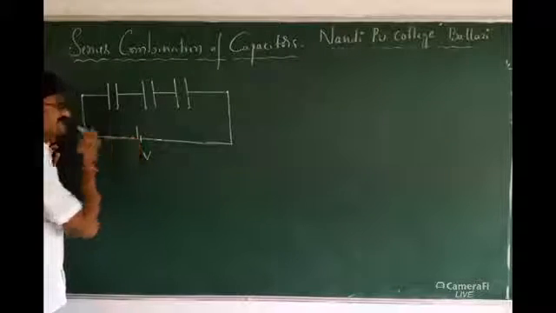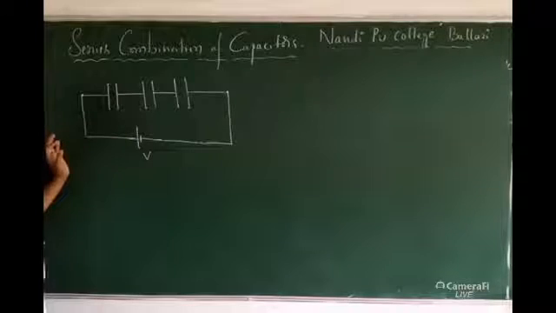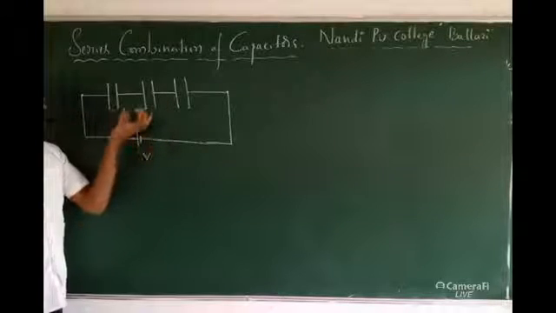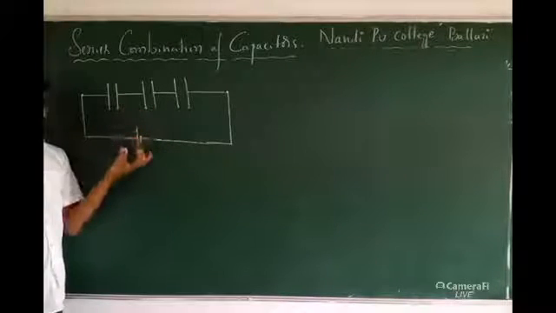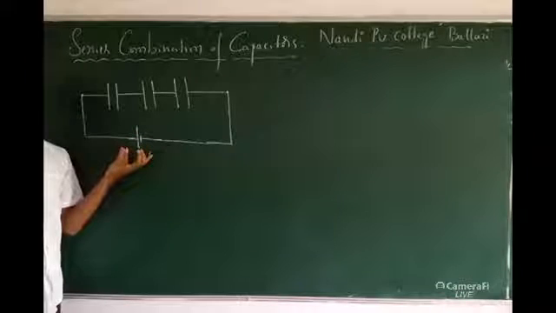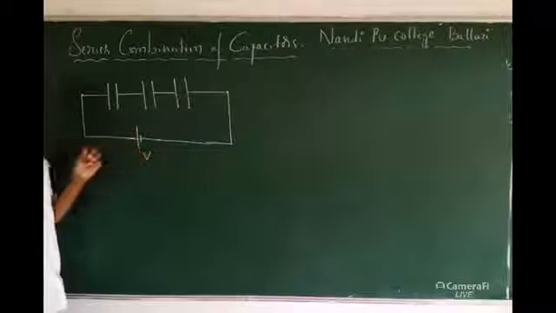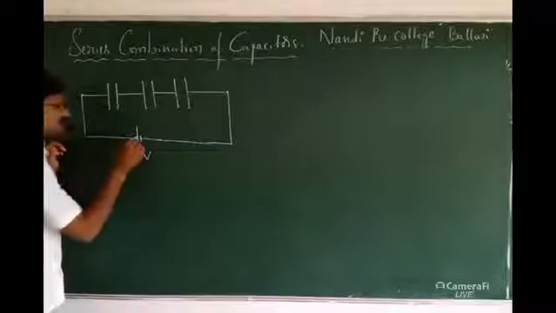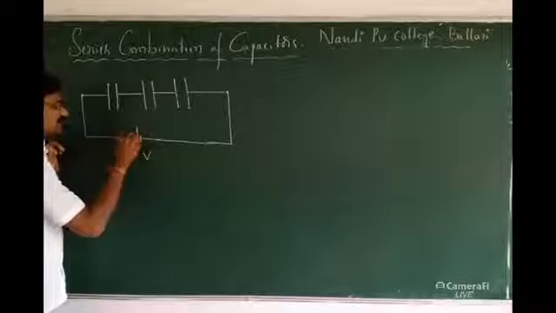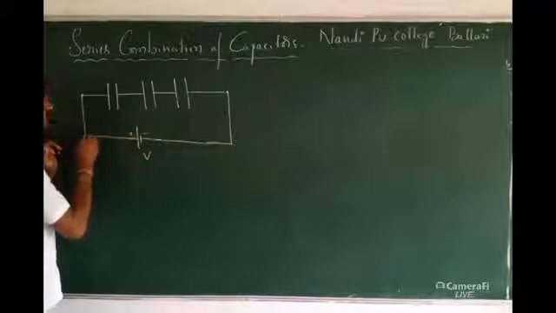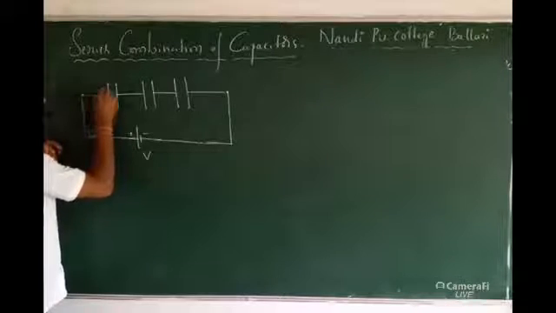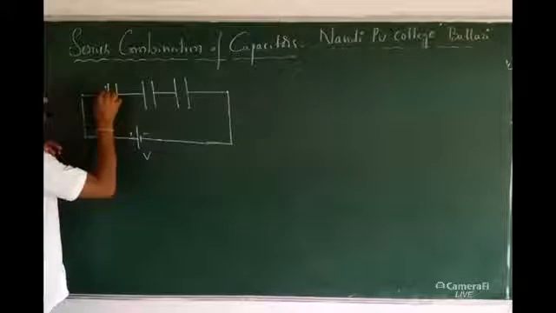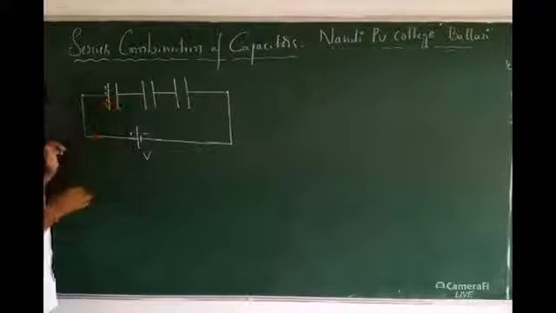As you know, this is a condition of charging. Why? Because a set of capacitors connected with a cell means charging or discharging? Charging only. So in the process of charging, what will happen? See the positive terminal and negative terminal. The positive charge comes and reaches here, so this terminal becomes positive.